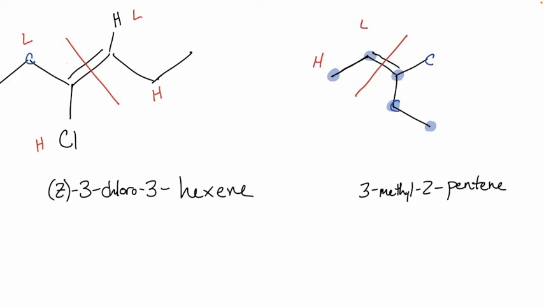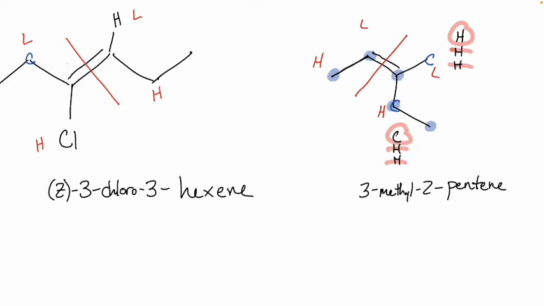This is a methyl group, meaning that it's bound to 3 hydrogens. This one's an ethyl group, meaning that it's bound to a carbon and 2 hydrogens. So this breaks the tie right here, because this one has the higher atomic number. They tie on the hydrogens, so I compare a carbon to a hydrogen. So this is the high priority group, and this is the low priority group.